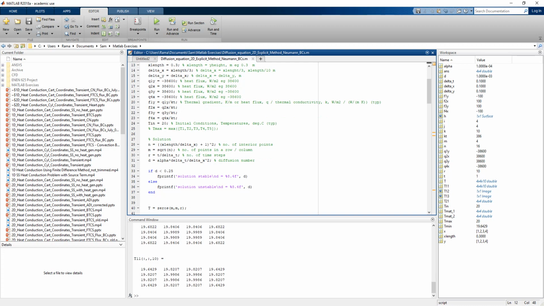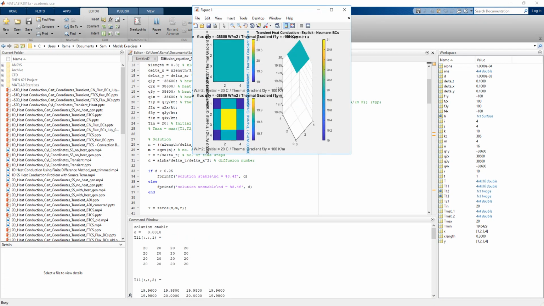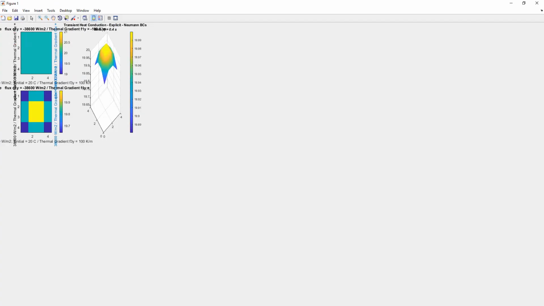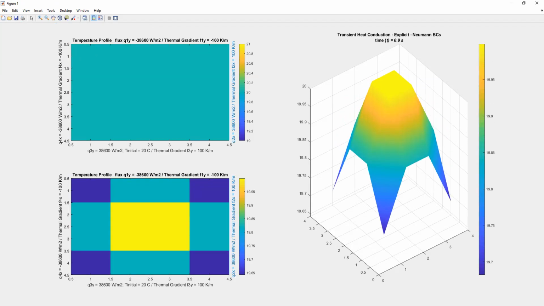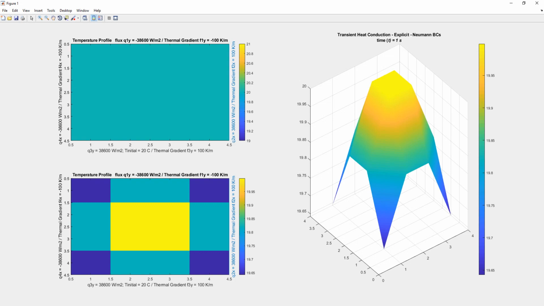We'll run this program now. Let's look at the graphical portion here. The left hand side of this screen at the top shows the initial condition.